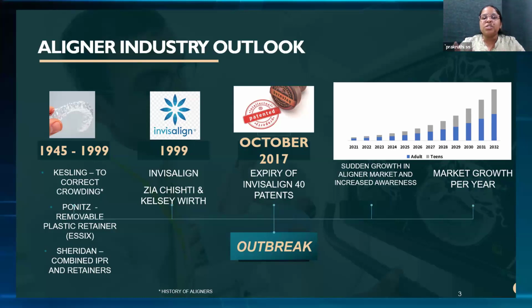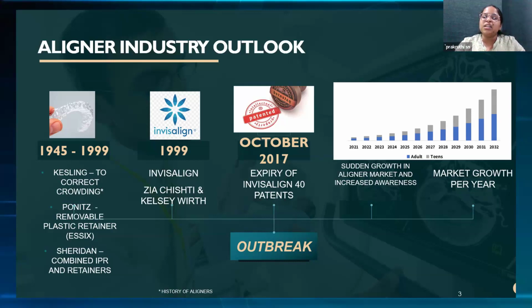But the best part was they patented all the technology they came up with, all the material science, and whatever they invented with respect to the scanner also. That's how for around 20 years they could rule the aligner industry. Around 2017, some of their patents started expiring.